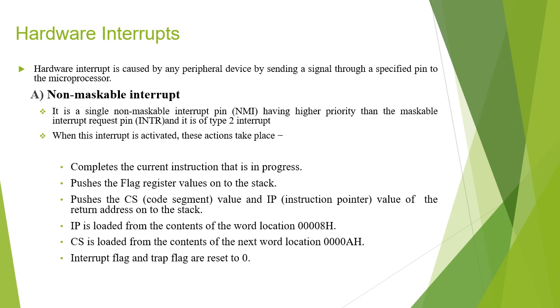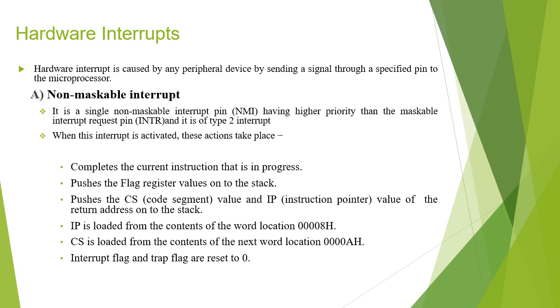Why it is 0008H is, there is a data structure called interrupt vector table, which starts from the beginning of your memory. Each of the contents of this interrupt vector table are the IP address and the segment address of the various interrupts. Since the NMI is of type 2, how will you calculate which entry in the interrupt vector table gives you the address of that particular NMI interrupt?